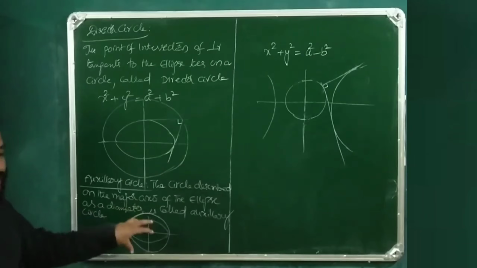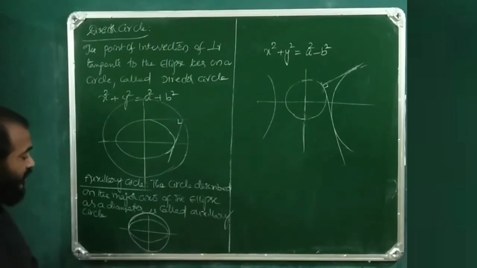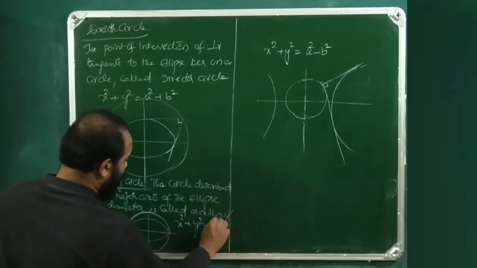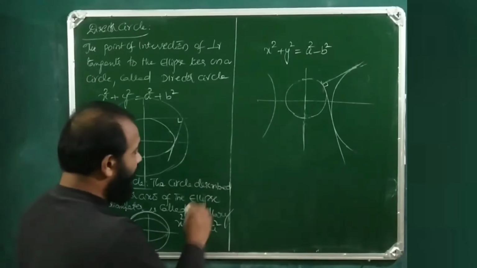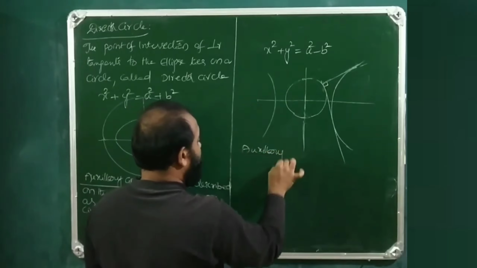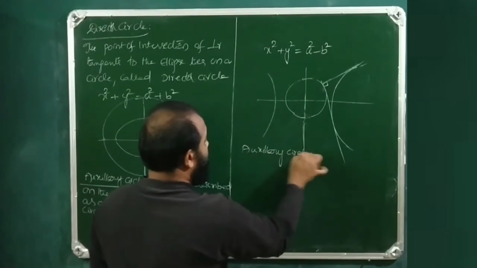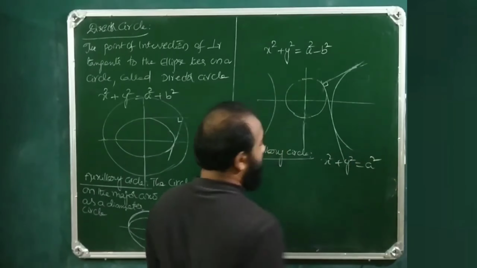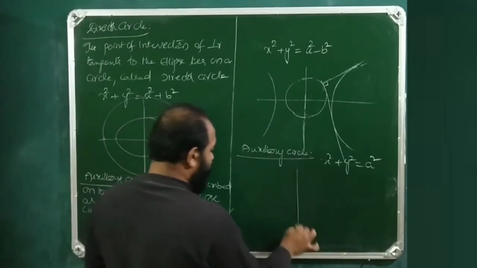So this is said to be the auxiliary circle, and the equation of this is x square plus y square equals a square. Here the auxiliary circle is the same, x square plus y square equals a square. The diagram for which is this.